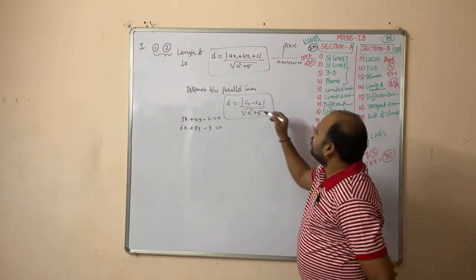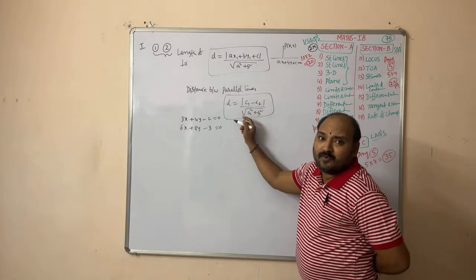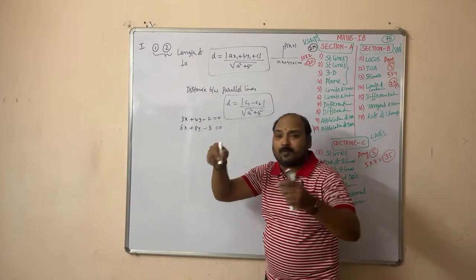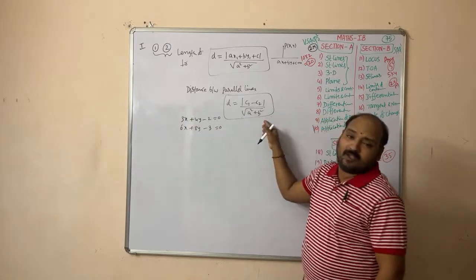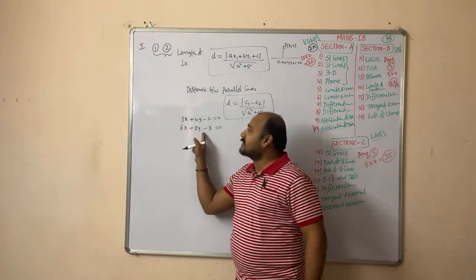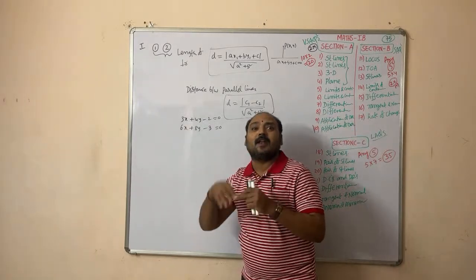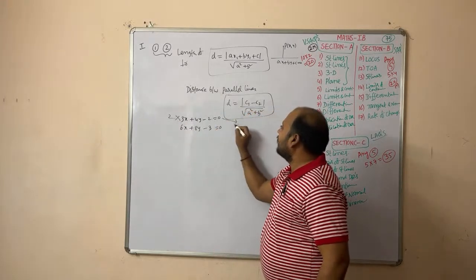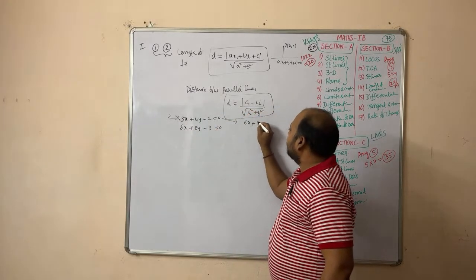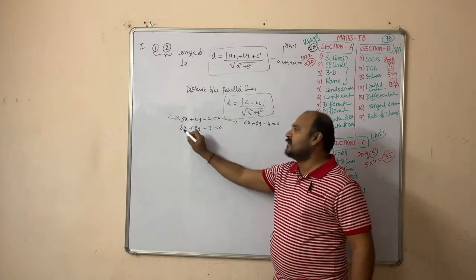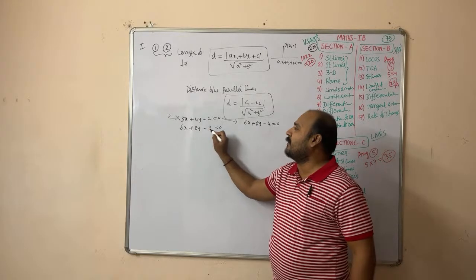I said that you have to apply this formula when the x and y coefficients are equal in both lines. If not, make the x and y coefficients equal and then apply. So multiplying this equation by 2, it becomes 6x plus 8y minus 4 equal to 0, and the second equation is as it is, 6x plus 8y minus 3.